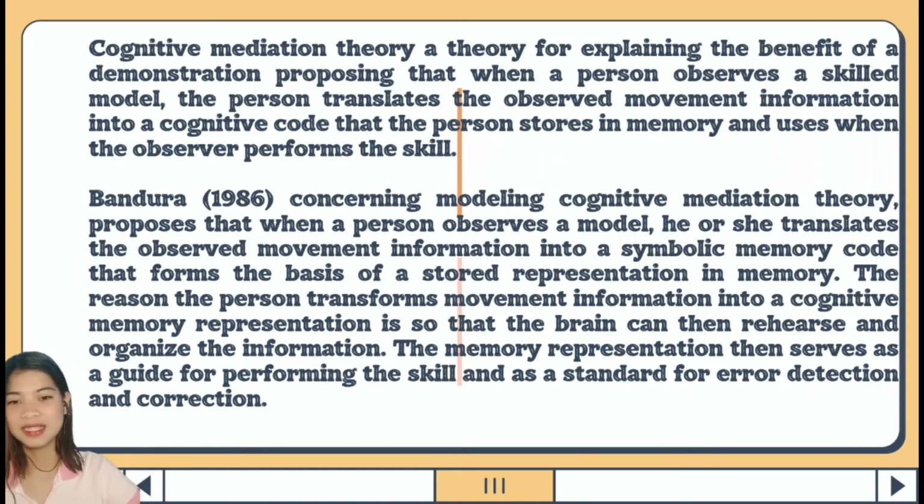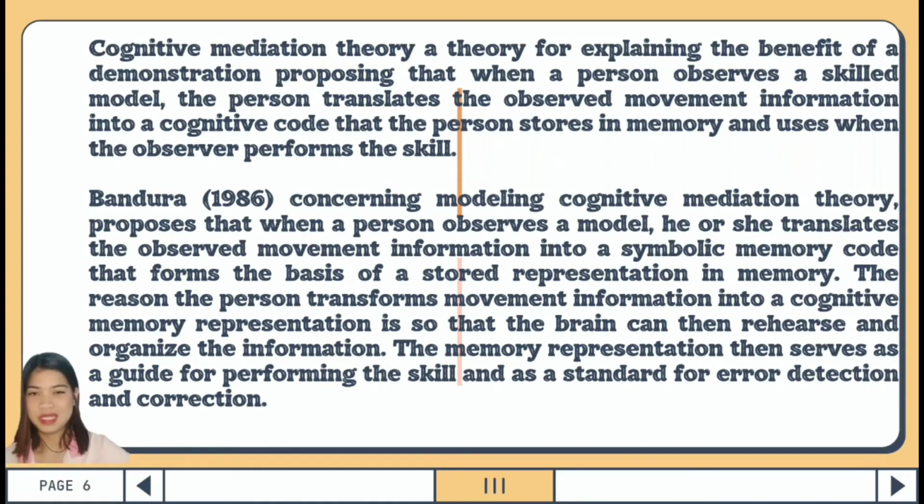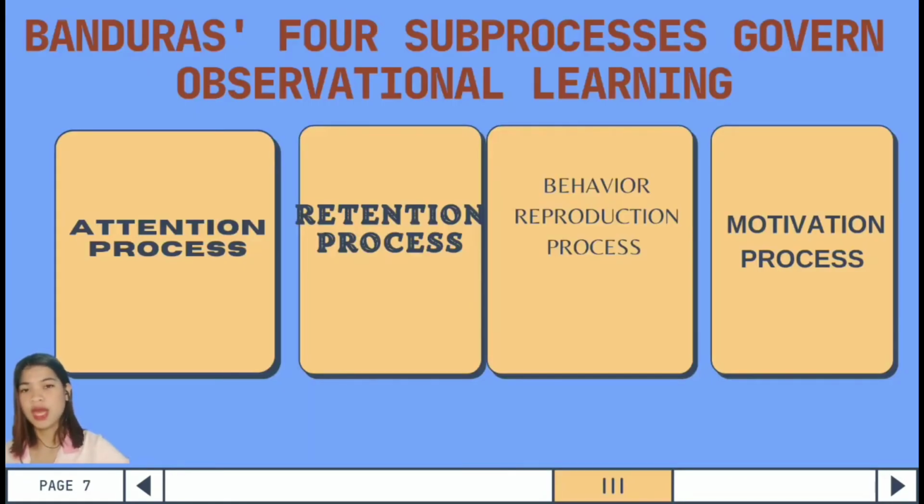So, got it? The cognitive processing serves as a mediator between the perception of movement information and the performance of the skill by establishing a cognitive memory representation between the perception and the action. According to Bandura, there are four subprocesses that govern observational learning in this theory.